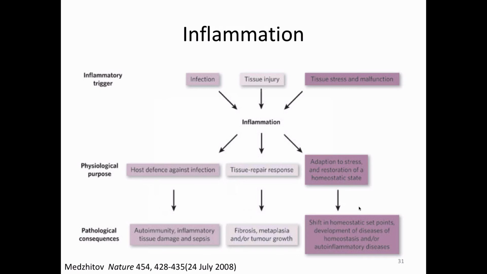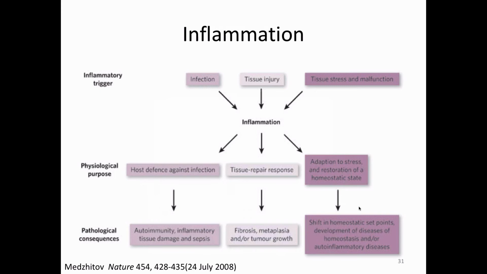Inflammation for long periods of time or more body-wide can start to lead to some real problems. And so if things are going well, we're going to see host defense against infection. But if this goes on too long, if this is unregulated, if something goes awry in this response, suddenly this can become an autoimmune disease, or this can become some sort of autoinflammatory disease.